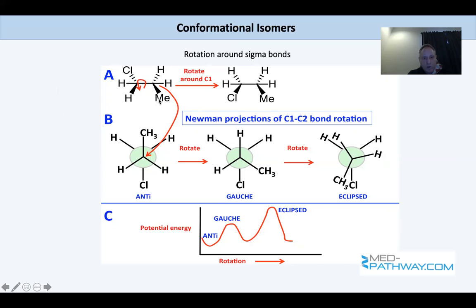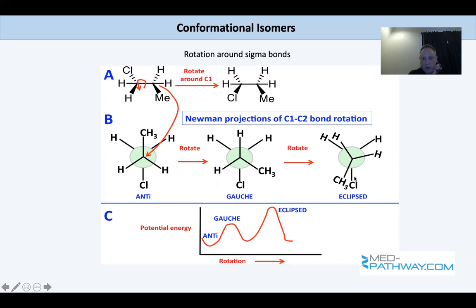So if you look at this from a Newman projection, what you can see is that this is the carbon right here. By rotating around C1 and C2, the position of the methyl group and the chlorine group varies as a function of the degree of rotation, such that the most stable one, the lowest energy, is called anti, and it's when you have the methyl as far apart from the chlorine as possible, and this limits electron-electron repulsion.